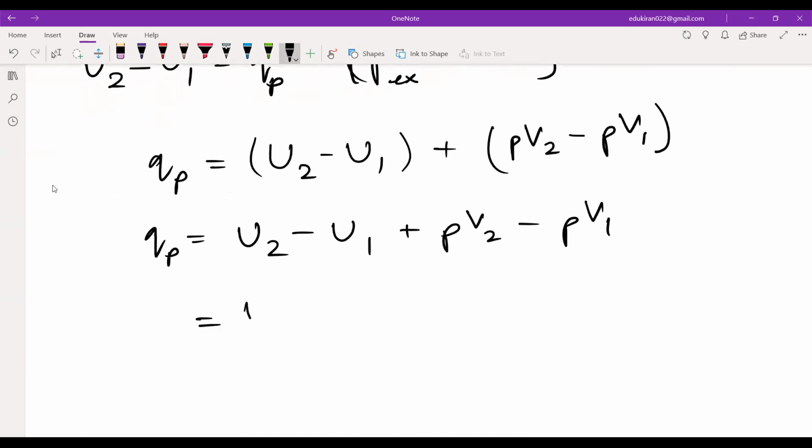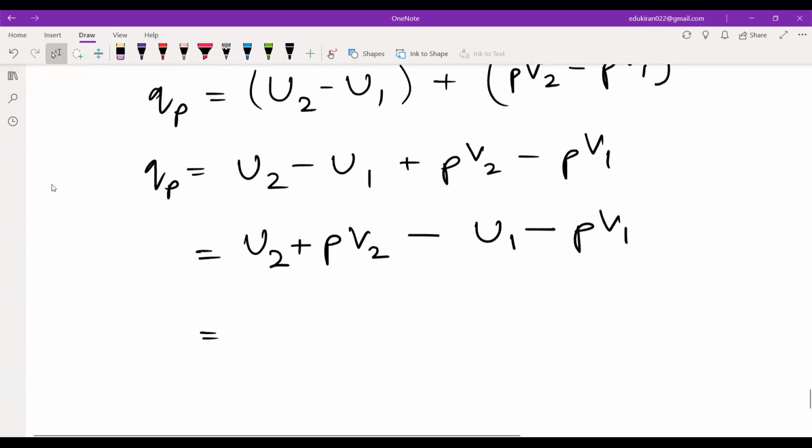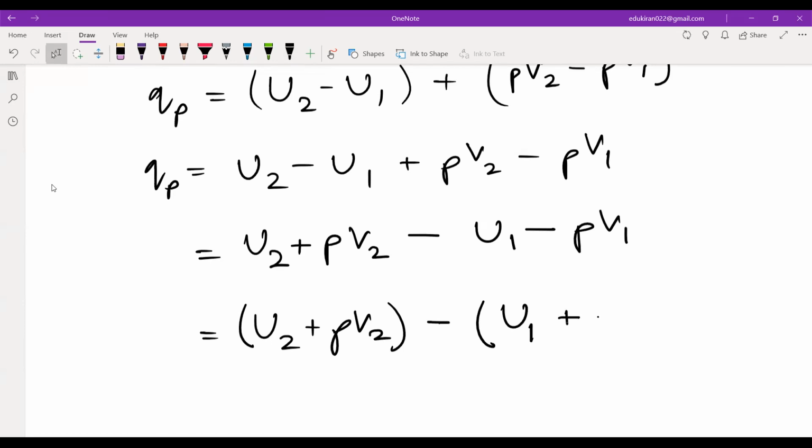Now I will rearrange this: U2 plus PV2, minus U1 and minus PV1. This will be equal to U2 plus PV2, taking the minus common, minus U1 plus PV1.